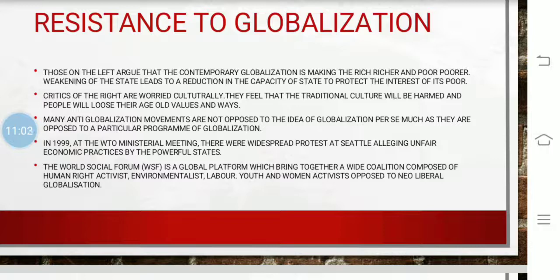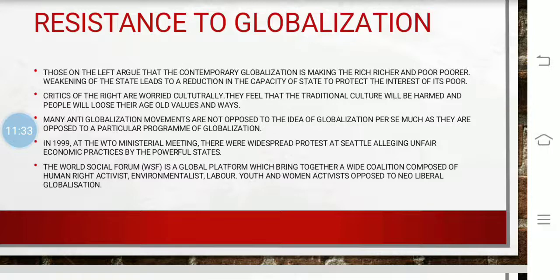And there is also a forum, the World Social Forum. This is a global platform which brings together a coalition of human rights activists, environmentalists, labor, and women activists. These activists are focusing on what they call neoliberal globalization. This is a kind of imperialism where a group of countries is dominating the entire globe.